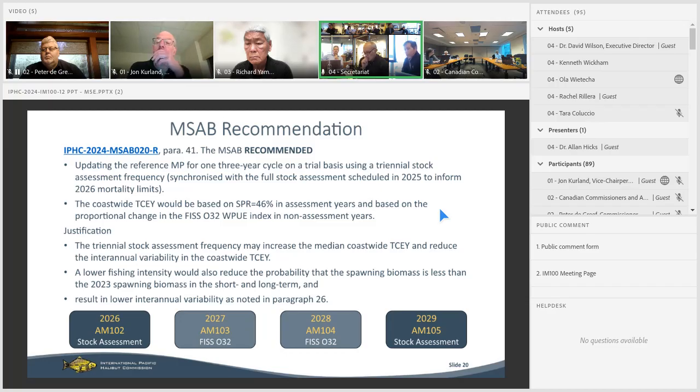A lower fishing intensity would actually reduce the probability that spawning biomass is less than the 2023 spawning biomass in the short and the long term. The long-term results are not shown here. And it would result in lower interannual variability, and that's the lower interannual variability compared to an SPR 43%.